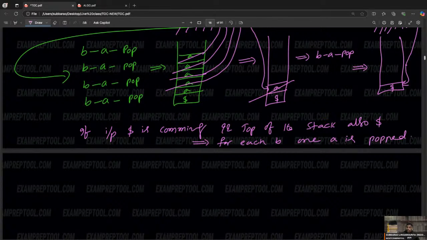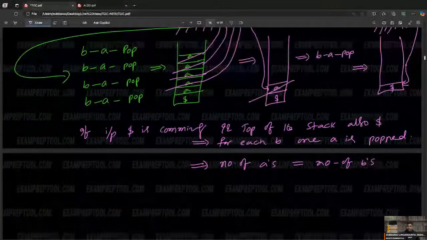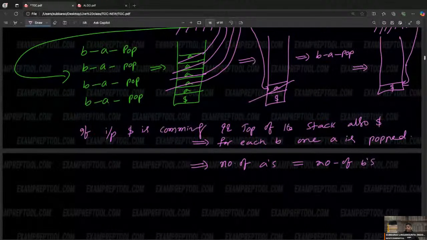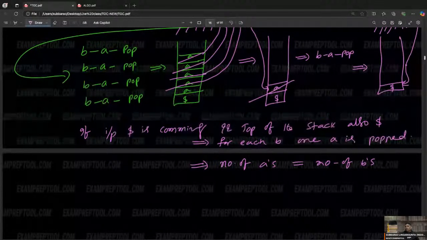That means number of A's is equal to number of B's.